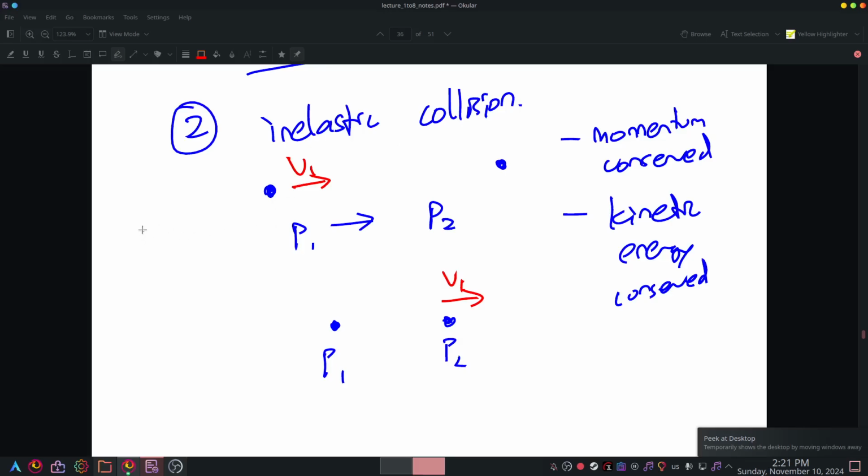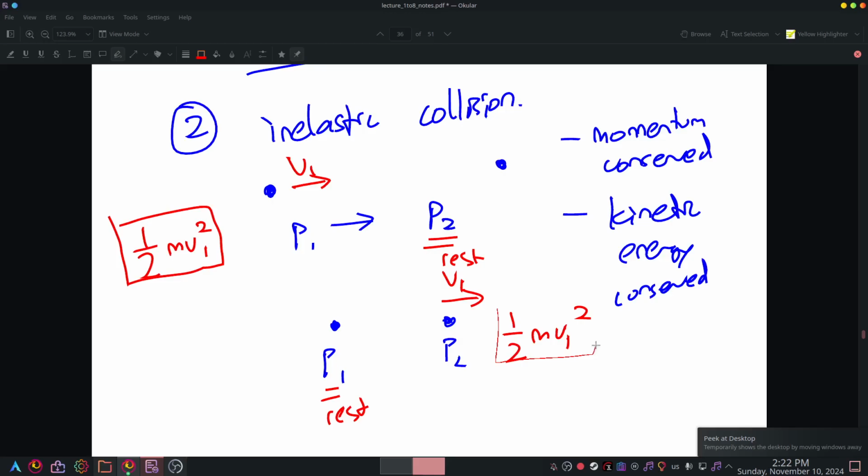Before collision, the kinetic energy is half m v1 squared, and after collision, assuming that the other proton is at rest, the kinetic energy is also half m v1 squared. It's basically one ball knocking into another, and all the kinetic energy is conserved.